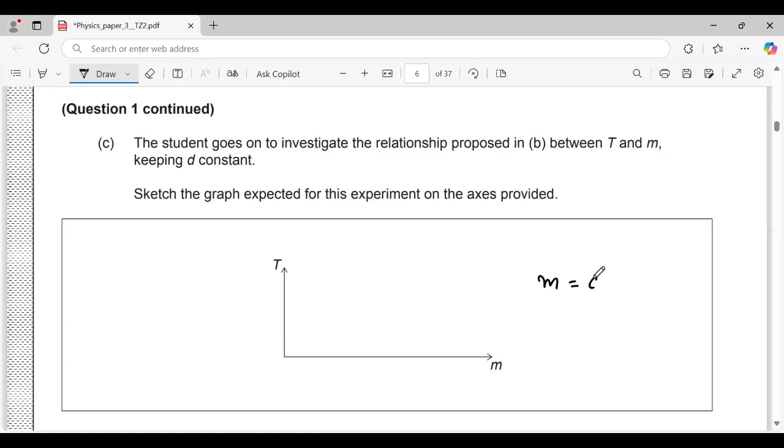If m equals zero, the intercept point occurs on the T axis. So the graph will be like this, because if you evaluate the equation, that is a quadratic equation.